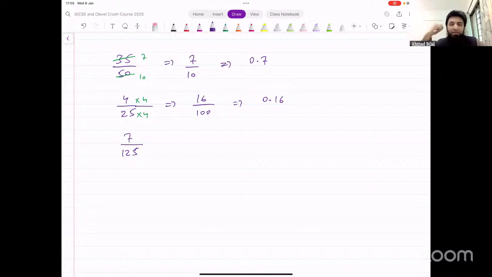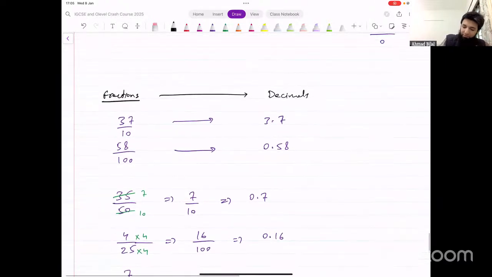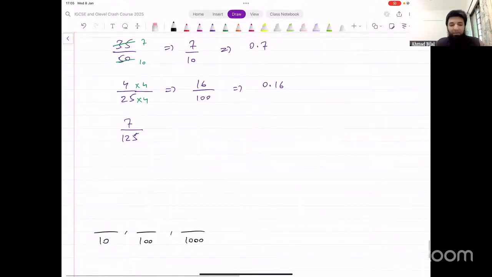Again, the idea is we want to convert the denominator to what? A form like this. We want the fraction to be of this form. Something over 10. Something over 100. Something over 1000. Because then this division is going to be fairly easy to do once we have it in that form. Okay.